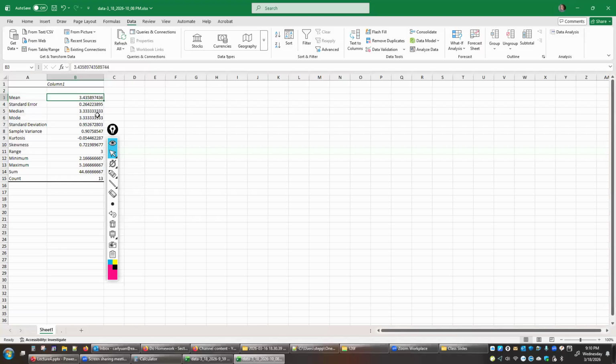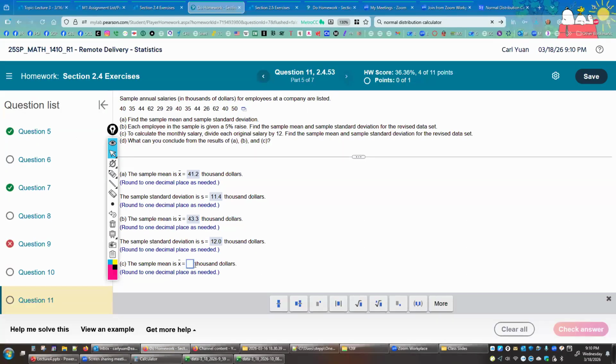So mean is the first number here. Standard deviation is a few boxes down. So let me put that in. This is 3.436 roughly, so 3.436 or 3.4.